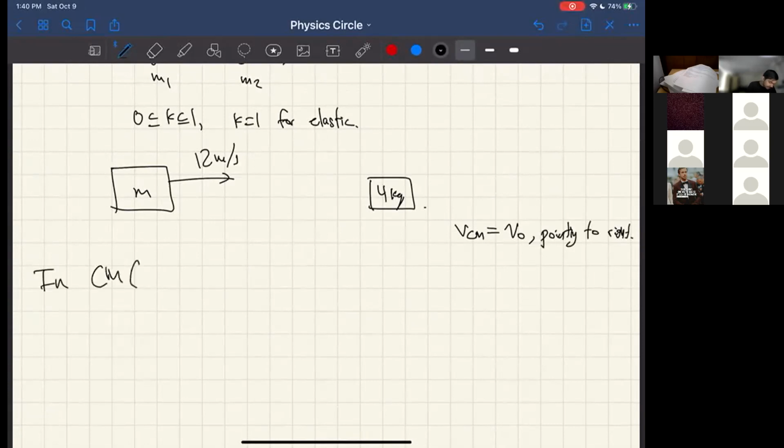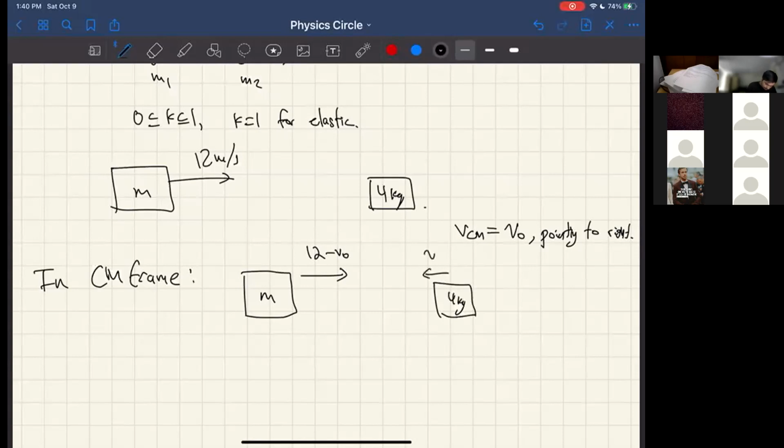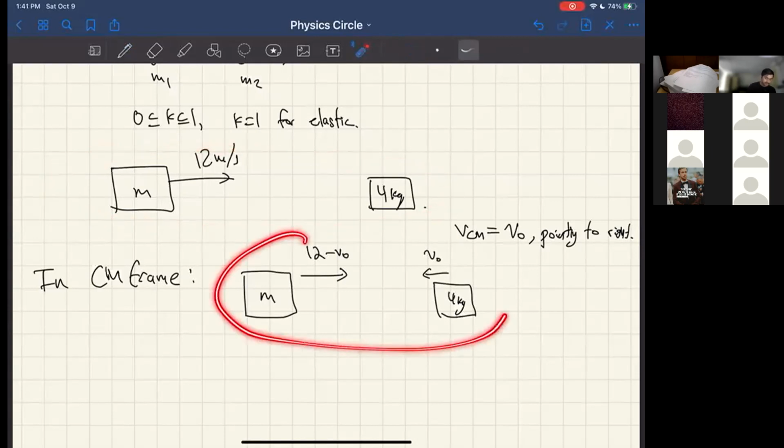In the CM frame, does this make sense? This is a very important step that I've made. Do people understand that if this is in the original frame, and then I transform to the CM frame, then I get this situation?